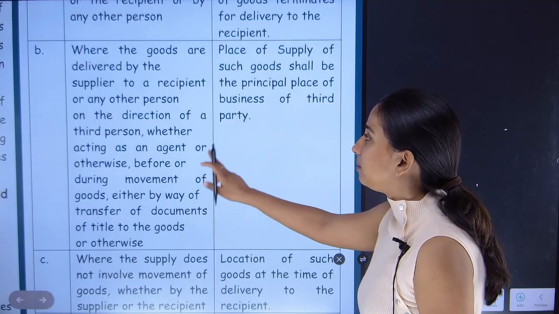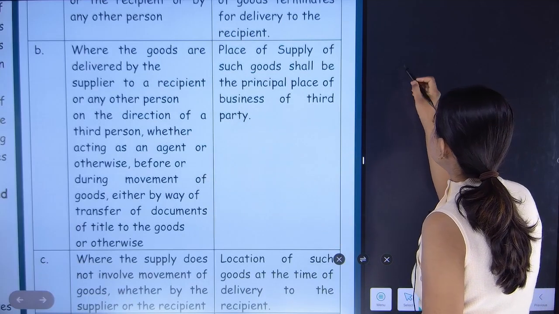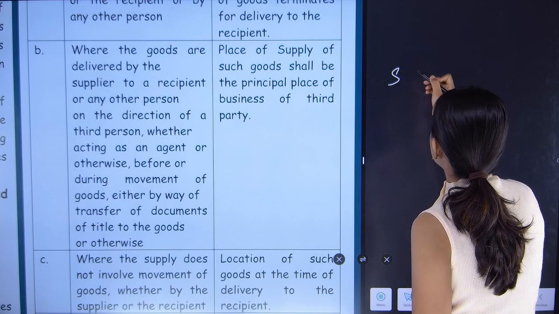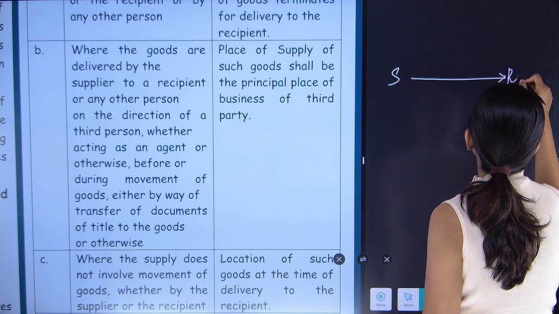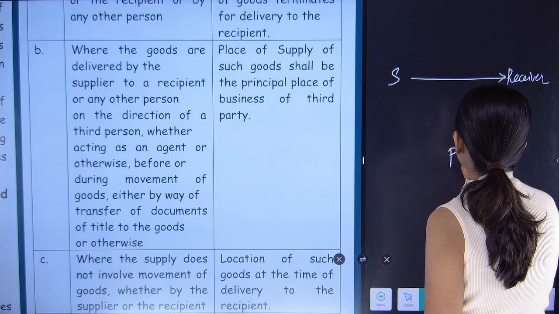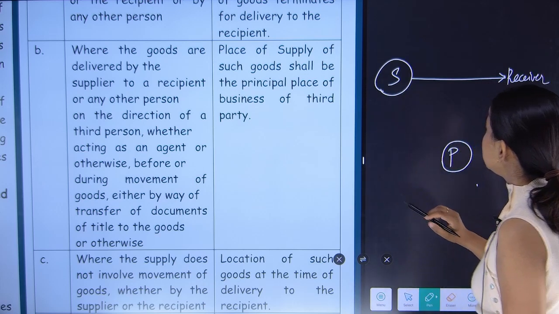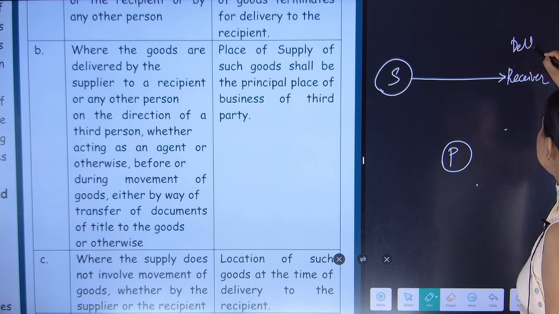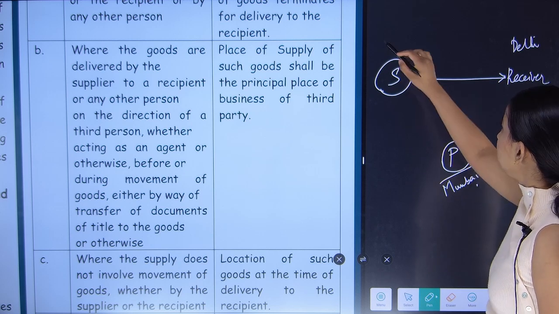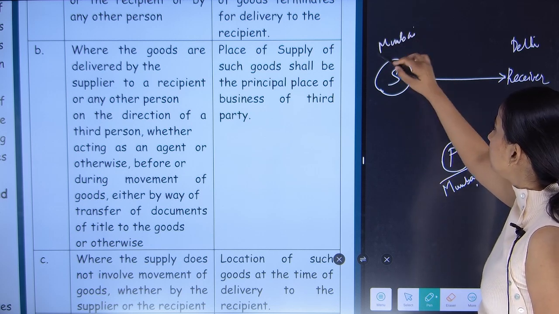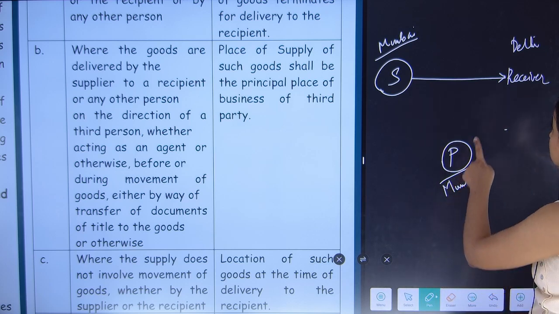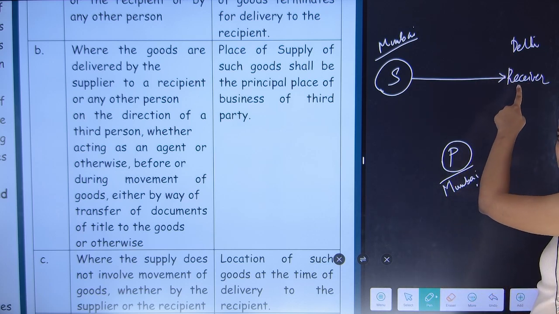Now, where the goods are delivered by the supplier, please consider, so this is the supplier, this is a receiver of goods, now this is the purchaser. Let's say this receiver is in Delhi, he is in Mumbai. Now this purchaser who is in Mumbai has to deliver these goods to Delhi to this another person, that is a third party.